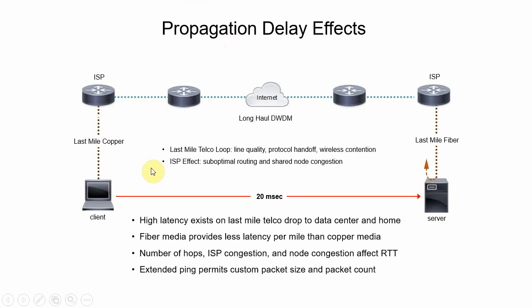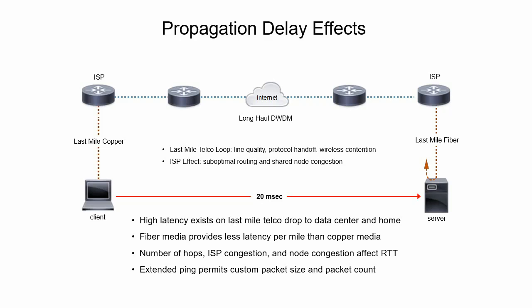The last mile is what it's called, but I've got copper here just to show that there are different types of media. Then from there you're into the ISP network, and there's a variety of things that can increase propagation delay, a lot of things. The number of hops is based on distance, but sometimes if you have routing problems, ISPs will take you through 5 or 6 hops when it should only take 1 or 2.